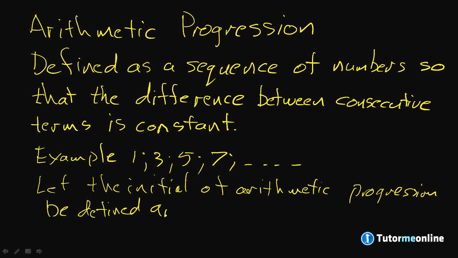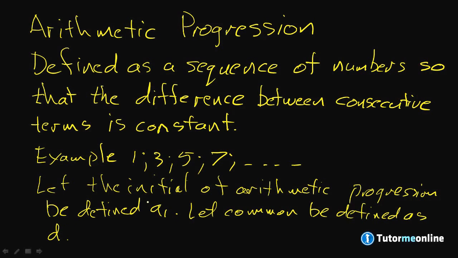That is our initial term, and let the common difference be defined as D. Right, so we say the initial value of the arithmetic progression is A1, and the common difference between consecutive terms within the progression we define as D.